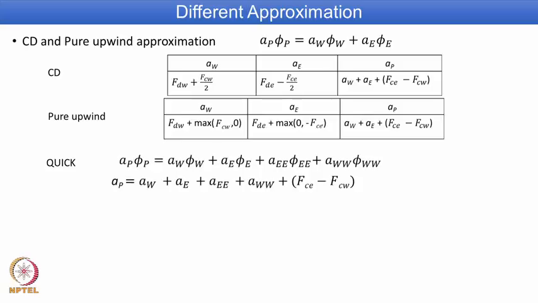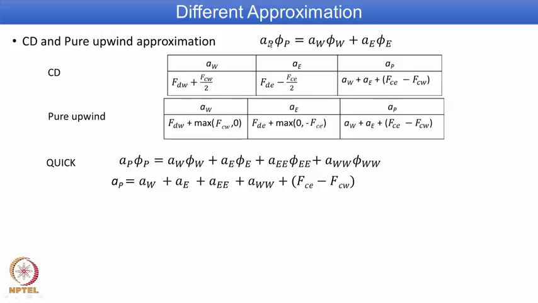Next we will see QUICK. In the case of QUICK, we get the expression AP phi P equal to AW phi W plus AE phi E plus AEE phi EE plus AWW phi WW. You can immediately observe that the QUICK scheme has two additional terms. Once again, this is a generic expression, in the sense that it accounts for any type of flow direction.